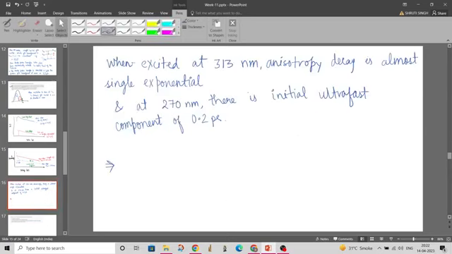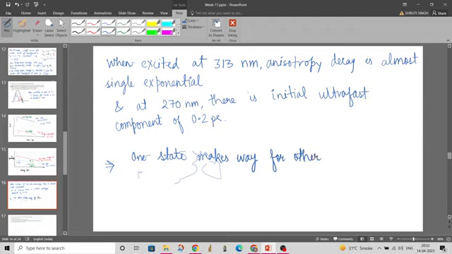Now from these experiments they concluded that one state makes way for the other in 0.2 picosecond.